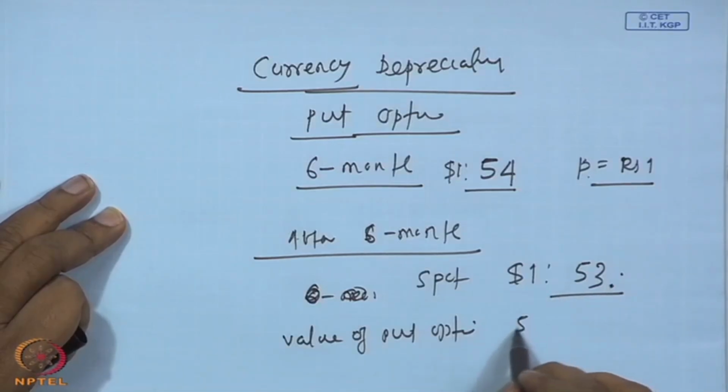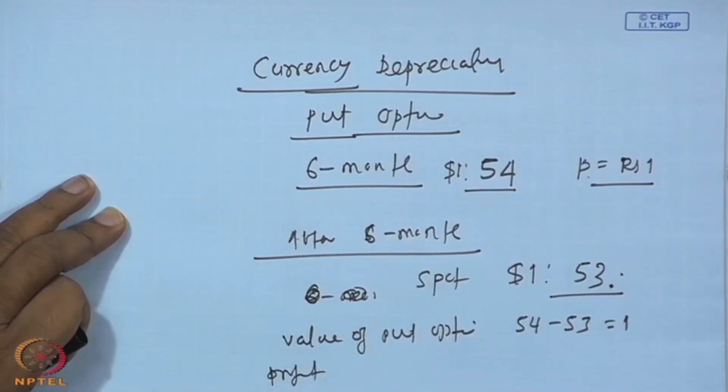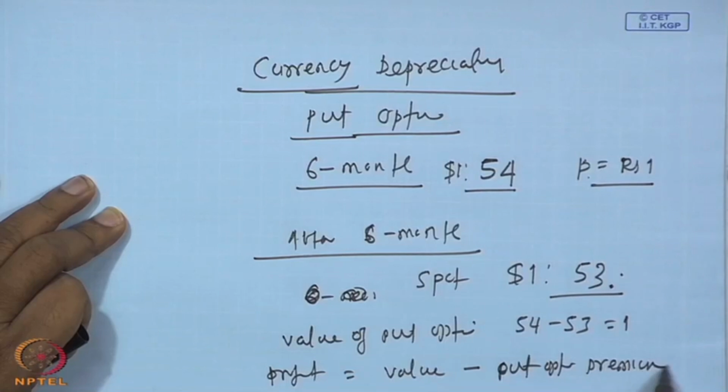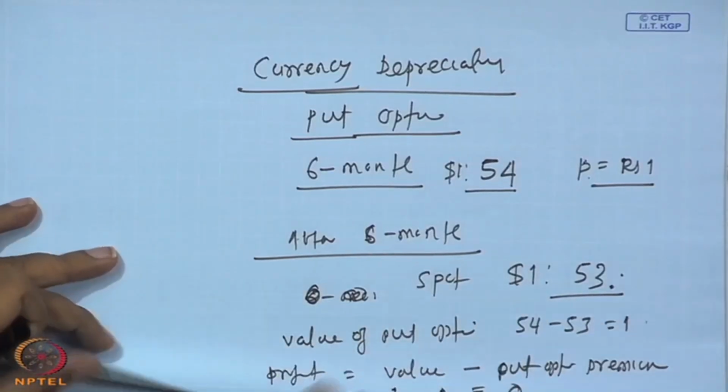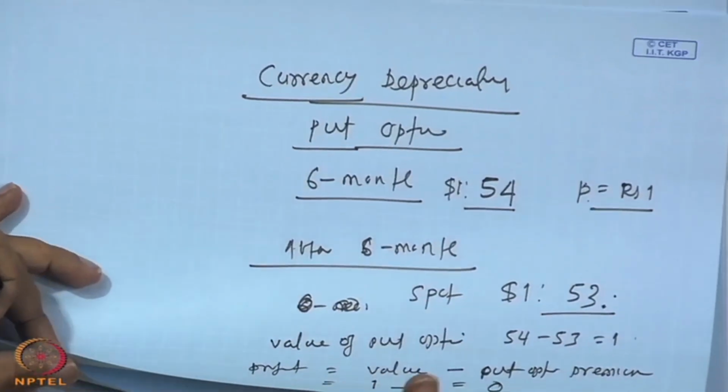I am getting 54 minus 53, 1 rupee. But what is my profit? My profit depends upon the value of my put option minus the put option premium. The premium is 1 rupee, so my value is 1 rupee minus 1 rupee, I am getting 0. I am indifferent whether to exercise the option or not.